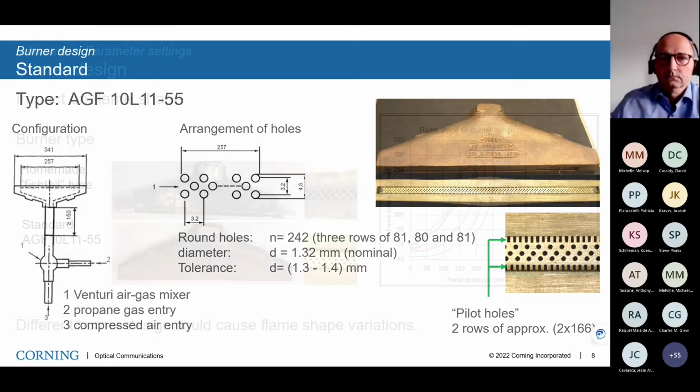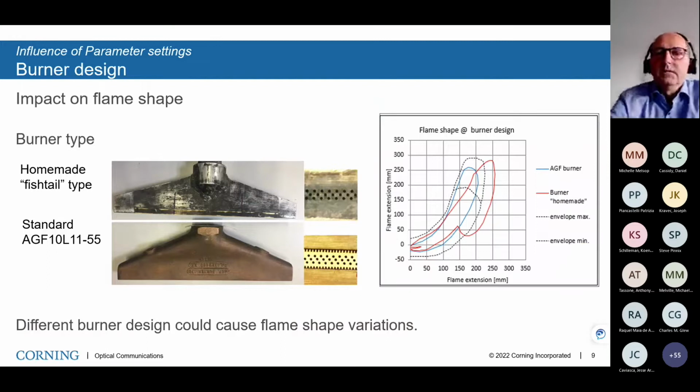Different types of burner were tested, and the impact on the flame shape was determined. We used a homemade fishtail burner without pilot holes and compared it with the standard AGF burner, as the picture of the burner should demonstrate. In the plot on the right, it is shown that the homemade burner design generates a significantly different flame shape, presented in a red line.